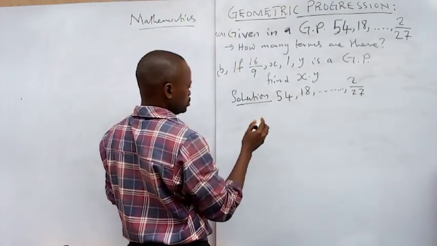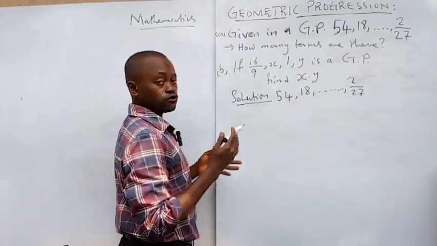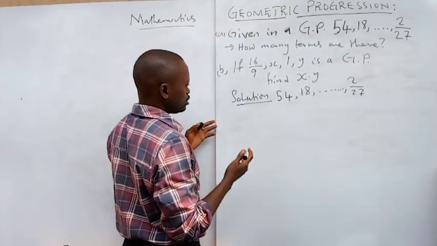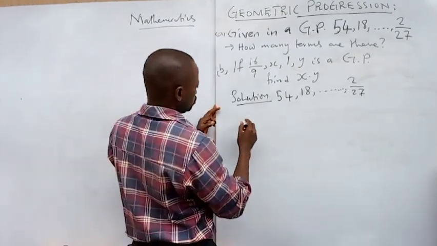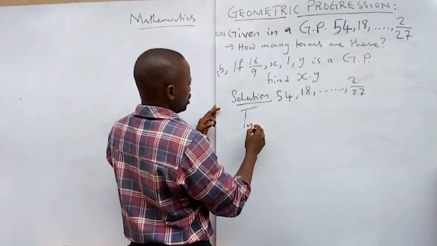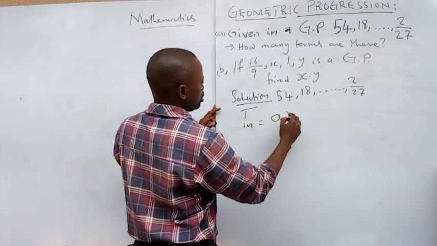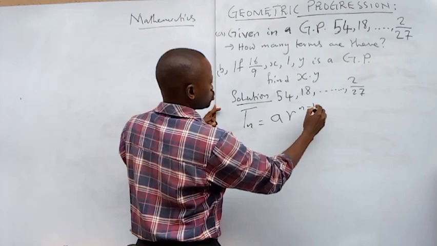First thing you do is write the mathematical expression for calculating the nth term of a geometric progression, which is Tn equals A R raised to power n minus 1.